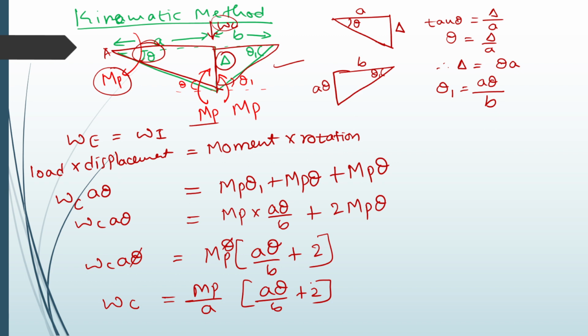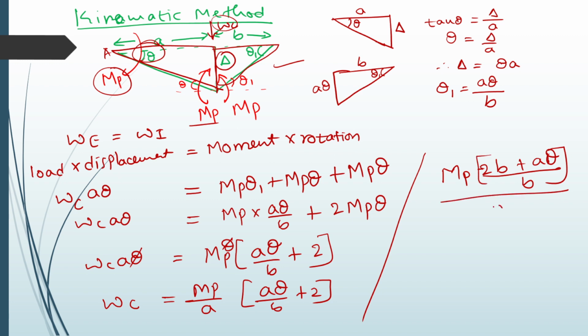Going to the next step on this side: Mp into, by taking the LCM, 2b plus a divided by b, so whole divided by a. This is the right hand side equation I am going to write: Mp into 2b plus a divided by ab.